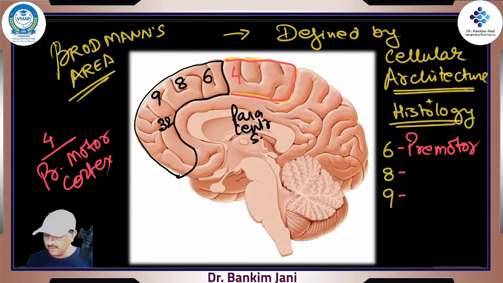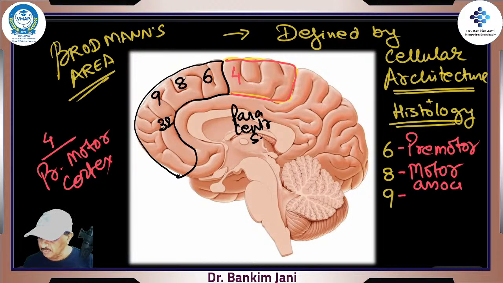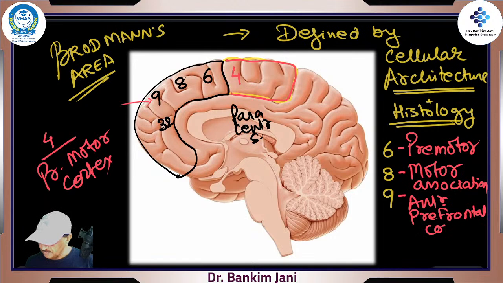8, there is always an associated area which will be helping. So 8 is motor association. And this 9 is the anterior area, so we will call it the anterior prefrontal cortex, right?